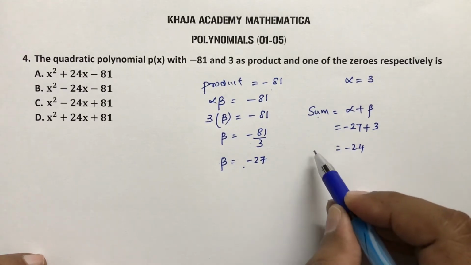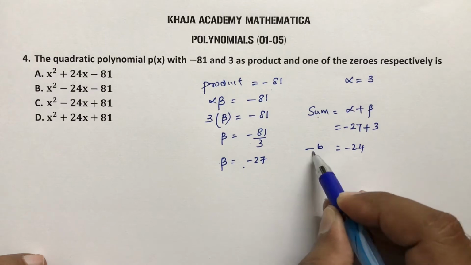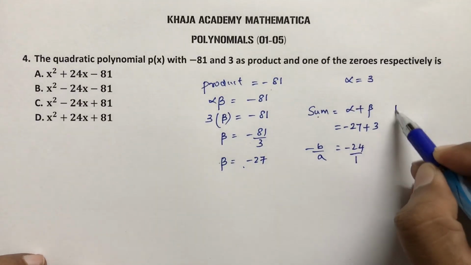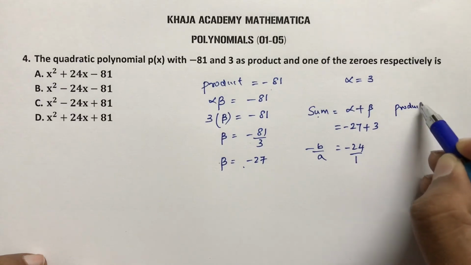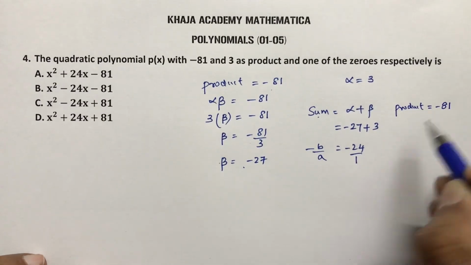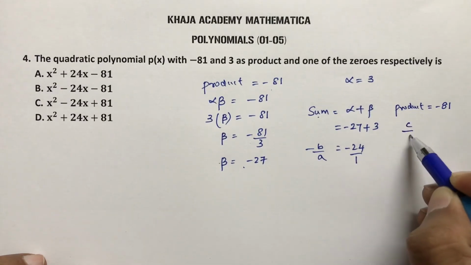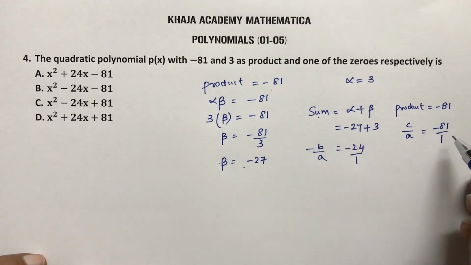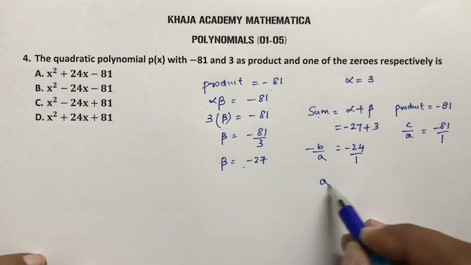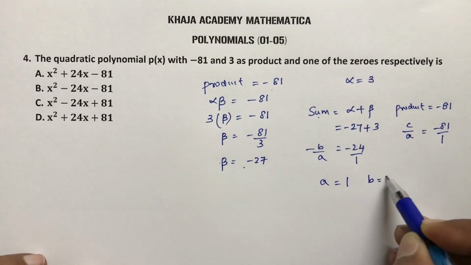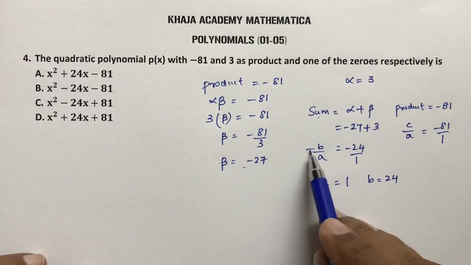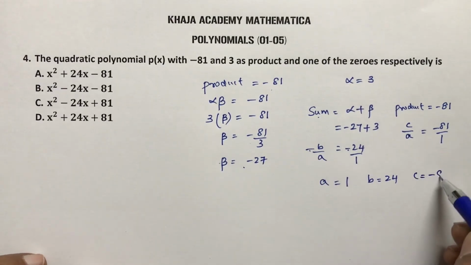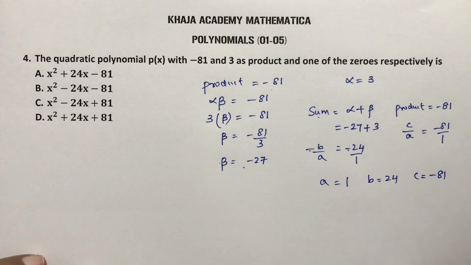So sum is minus b by a. Already they gave the product: alpha into beta is c by a, which is minus 81 by 1. Now if you compare, the value of a is 1, b is 24 because minus b is minus 24, and c is minus 81.